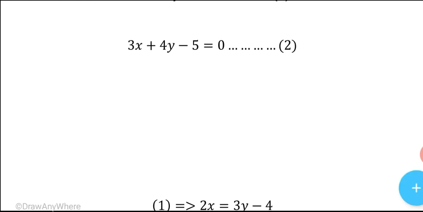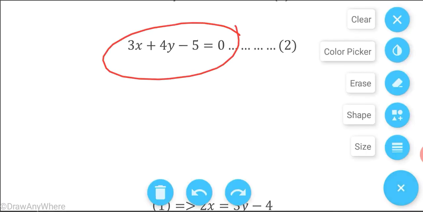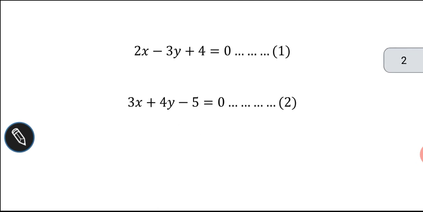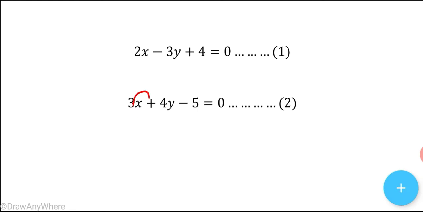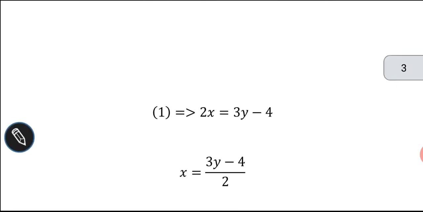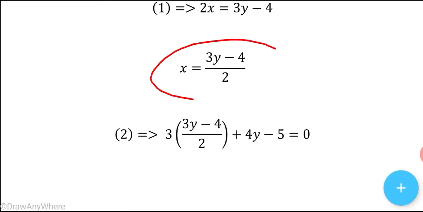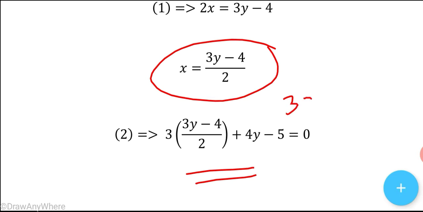Now substitute this x in the second equation, 3x plus 4y minus 5 equal to 0.